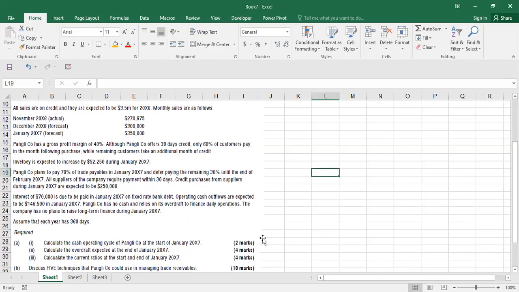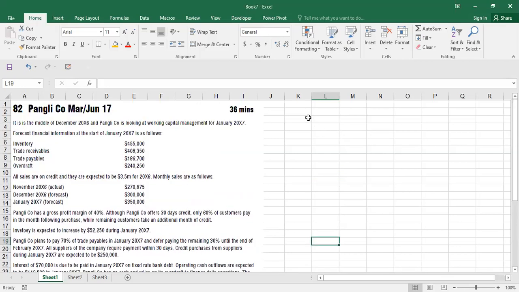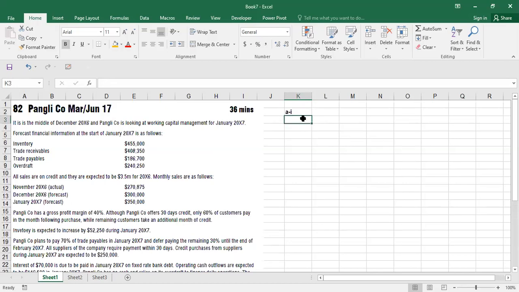Question number 1, only for 2 marks, calculate the cash operating cycle of Pangli company. Now, we know that cash operating cycle consists of, so let's do it like this. Your first part, I'll call it A1. You have to calculate your cash operating cycle.